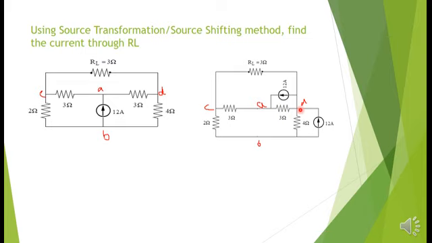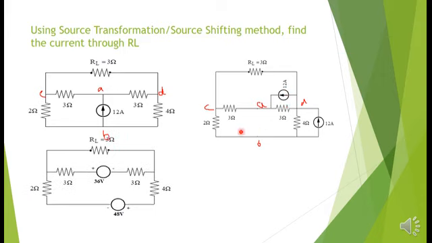Now coming to the element A to D, here is also a practical current source. While converting into a voltage source, 12 into 3, so it is 36 volts. The sign convention of the voltage source is such that current flows from D to A. So D is a lower potential, A is a higher potential, with the value 36 volt.